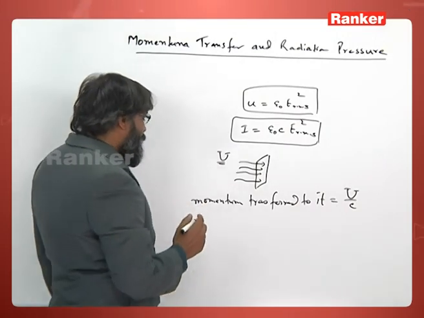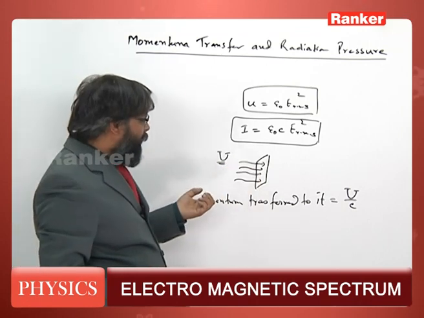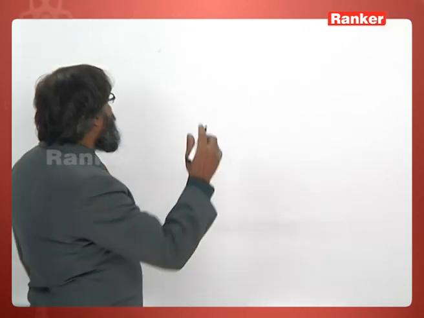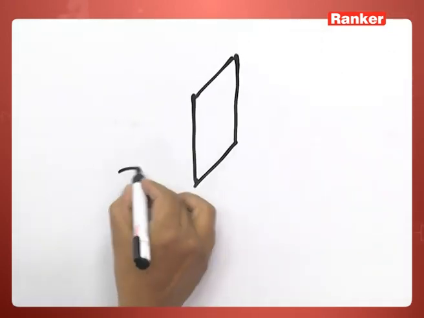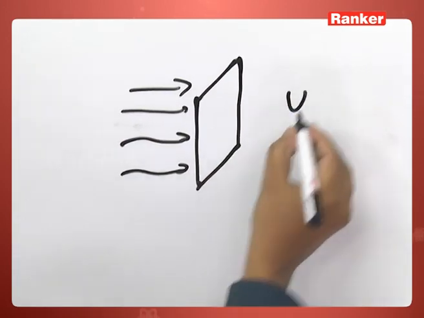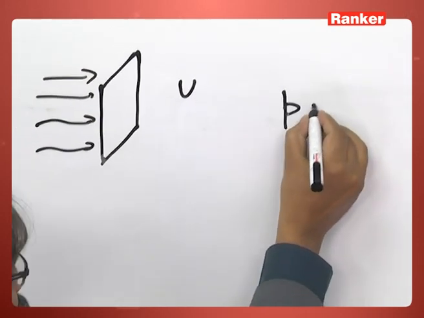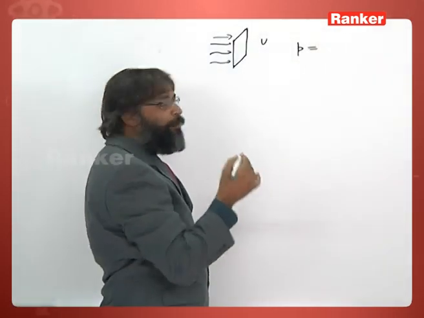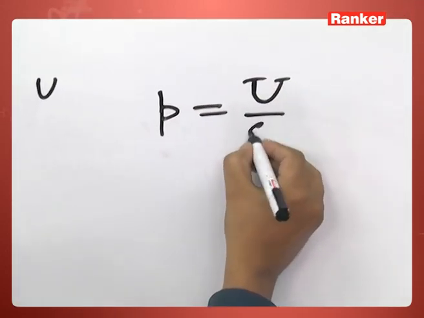Now, let us see how the rate of transfer of momentum to a surface contributes to force. If this is my surface which absorbs some energy, suppose the energy absorbed is u, then the momentum transferred, let the letter we select be small p, becomes u by c.